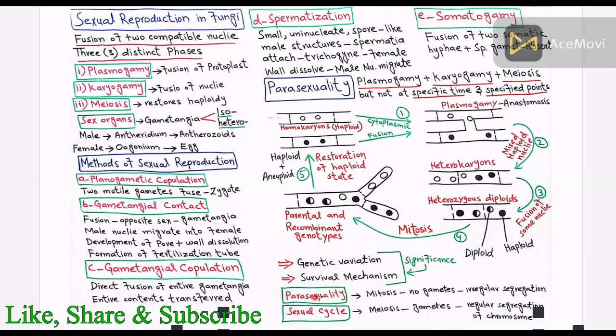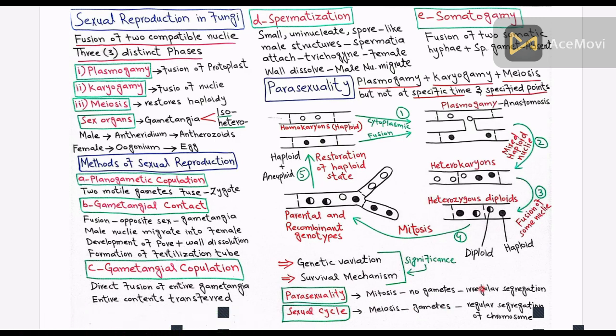What is the difference between parasexuality and the sexual cycle? These are the key differences. The first one is that recombination occurs in mitosis in parasexuality, but in meiosis during the sexual cycle. Gametes are not involved in parasexuality, but gametes are involved in the sexual cycle.